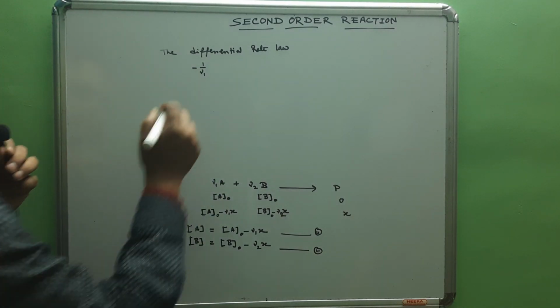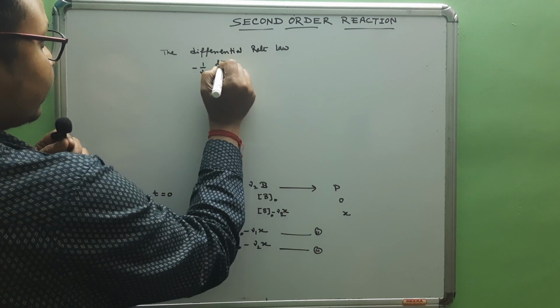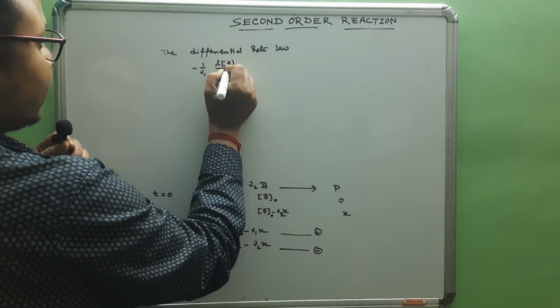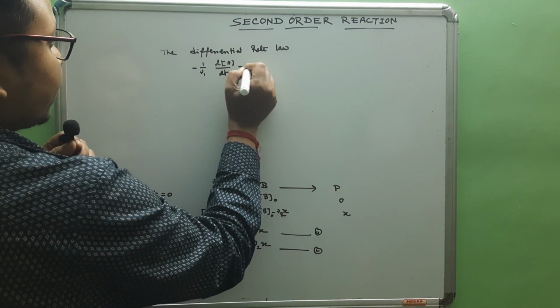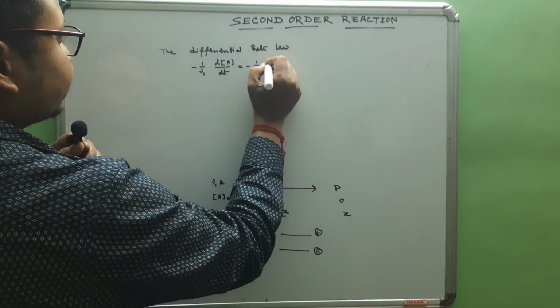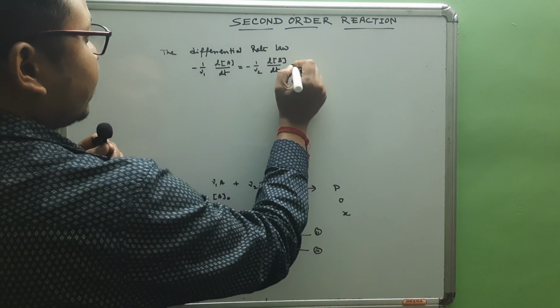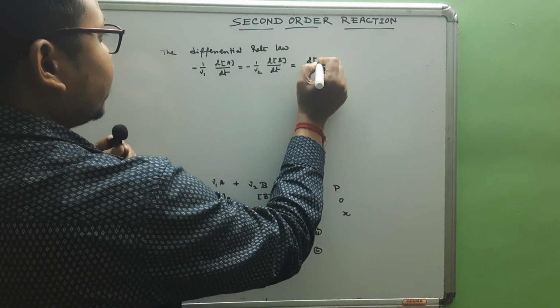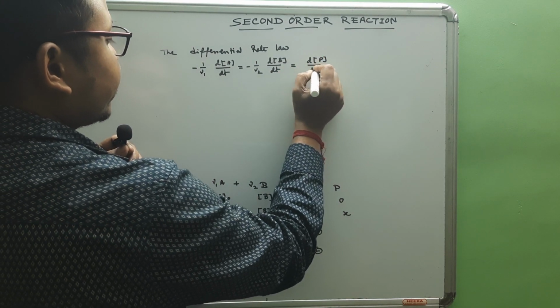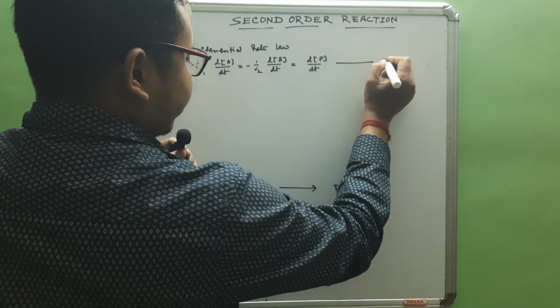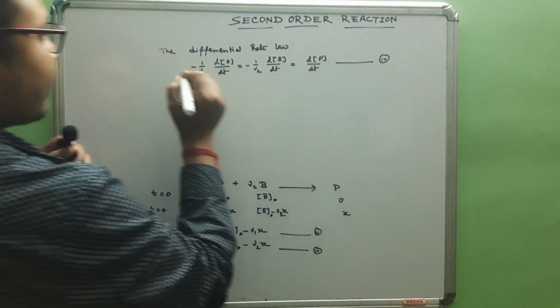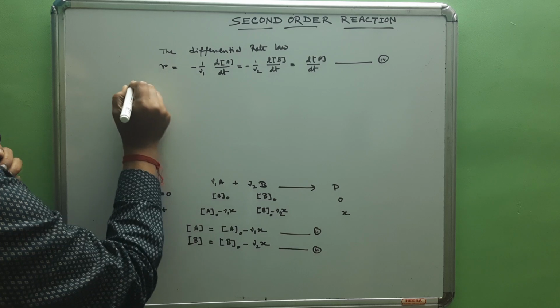We are going to deal with A only. This is our differential rate law, this is equation 4, and this is the rate.